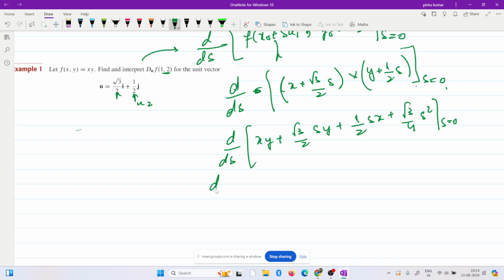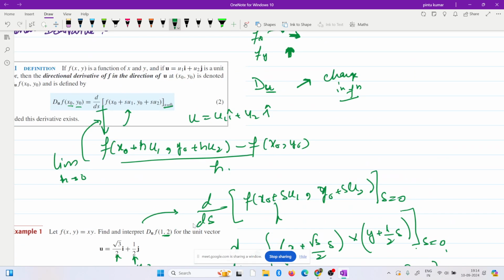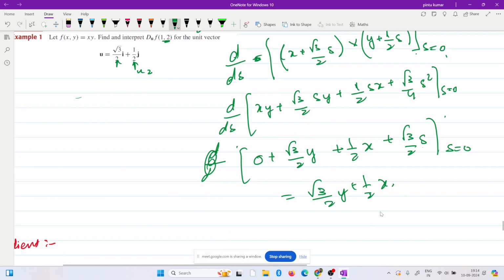Okay, so its derivative is given by xy would become 0 plus root 3 by 2 y plus 1 by 2 x plus root 3 by 2 s at s is equal to 0. If you replace s to be 0, you will get nothing but root 3 by 2 y plus 1 by 2 x. Now you were asked to obtain this value at 1 comma 2. So you can replace your x to be 1 and y to be 2, and you will get root 3 plus 1 by 2. This is the answer.